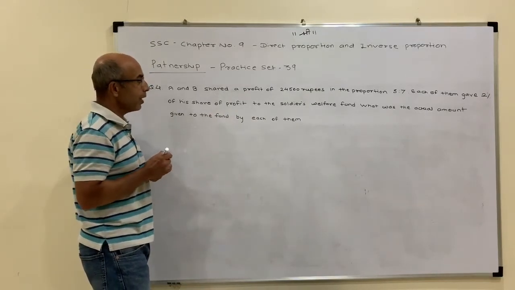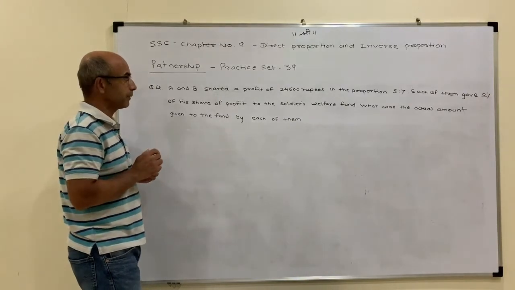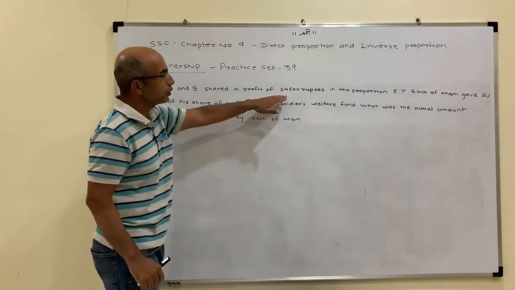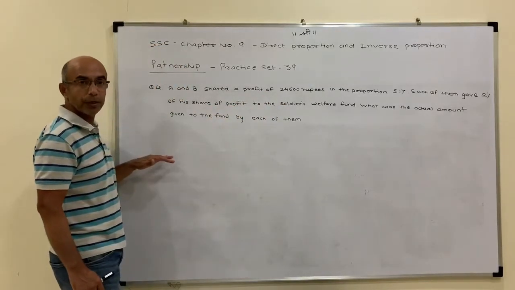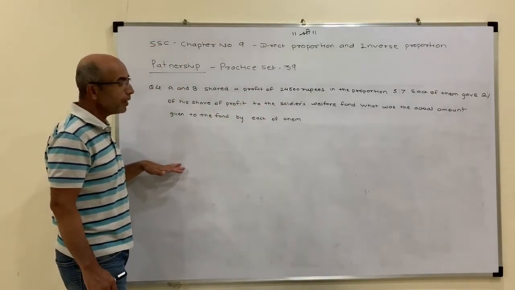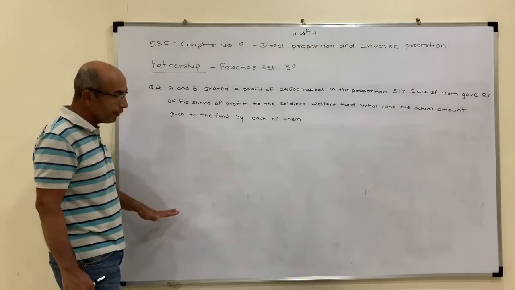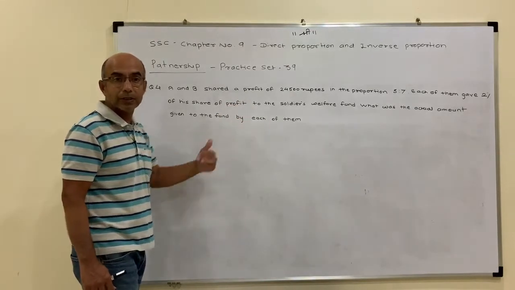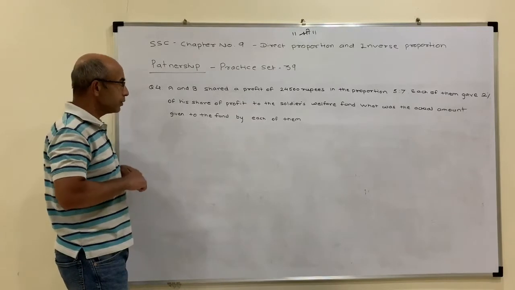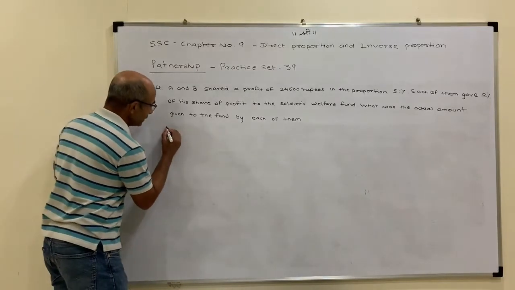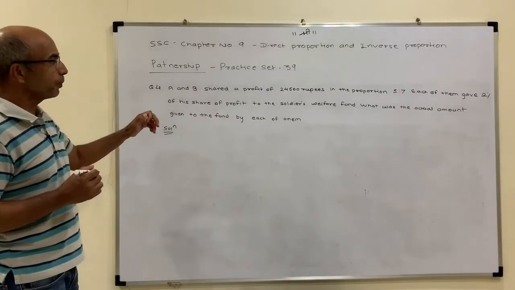Okay? So now, we'll be solving this problem in 3 steps. First step, we know the actual profit, so we'll find out the individual profit, how much they made. From that profit, then we'll calculate individually 2%, how much it comes out to be. And that amount is nothing but the answer. So first, let's say our solution: 24,500 rupees in proportion.